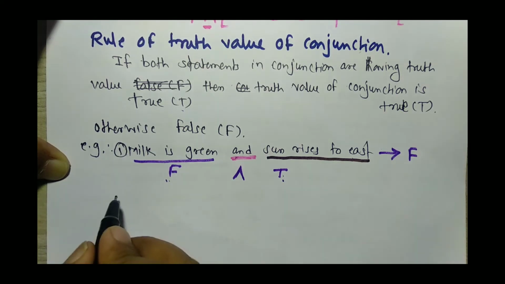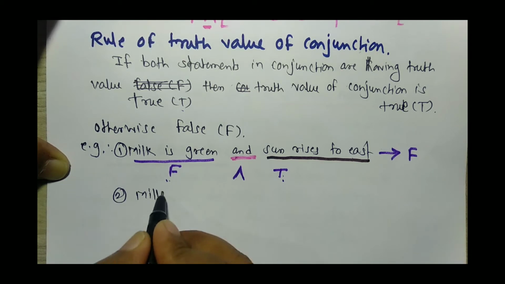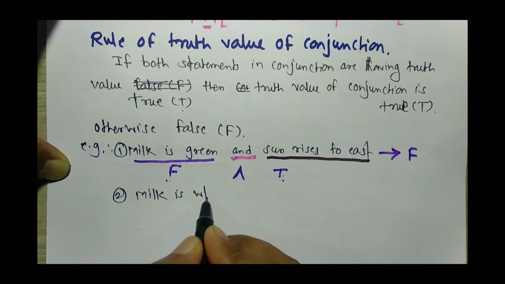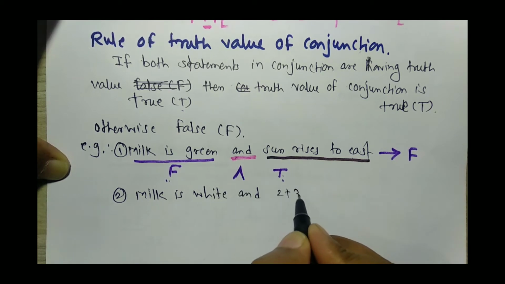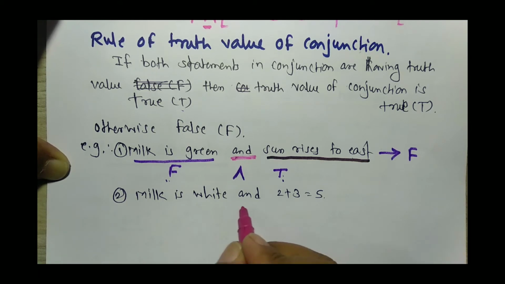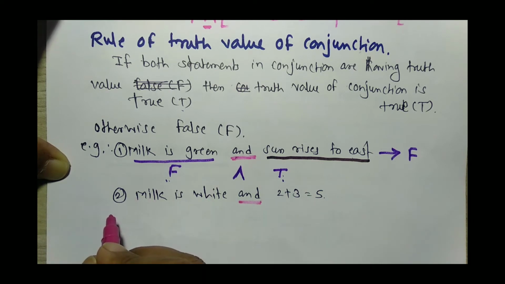Now consider another example. This was the first example. The second one is: milk is white and 2 plus 3 is equal to 5. Here once again both statements are connected by "and", so this compound statement becomes a conjunction.